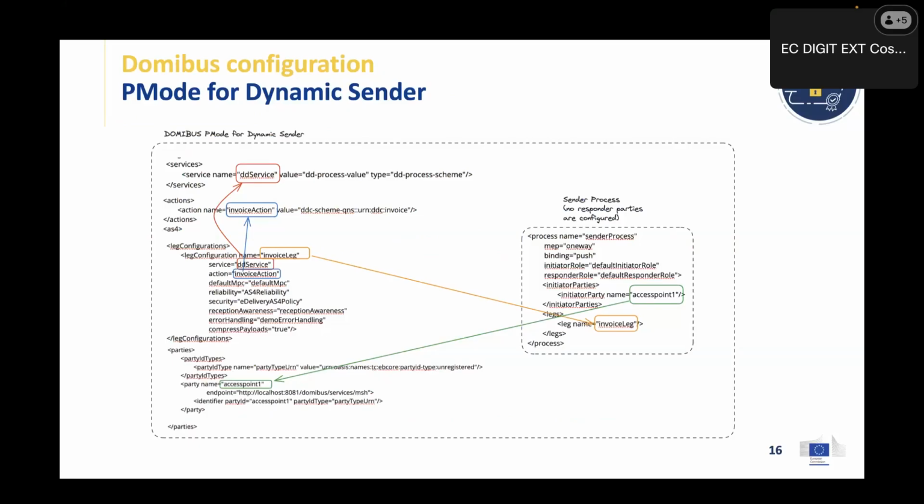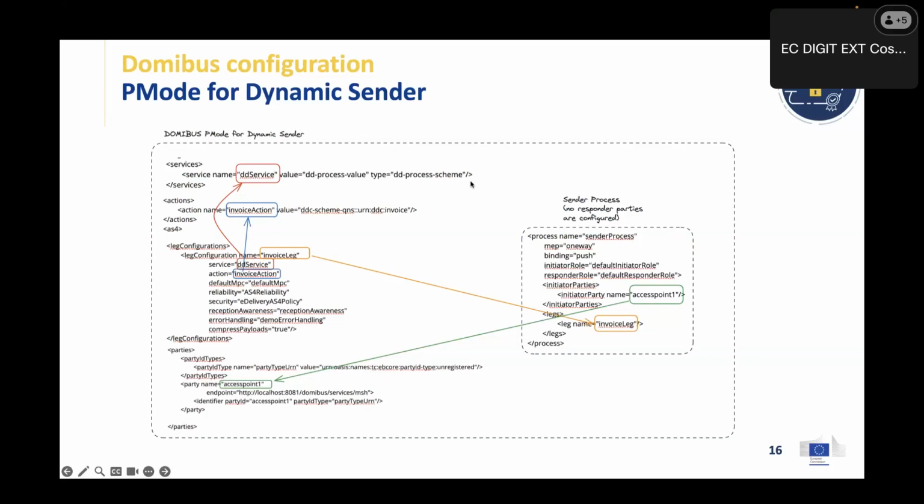Now I will explain what is needed to configure the P-mode for a Domibus installation which acts as a sender, so a C2. In order to do that, we have to configure the services. The service is the one that we have registered before for participant 2.